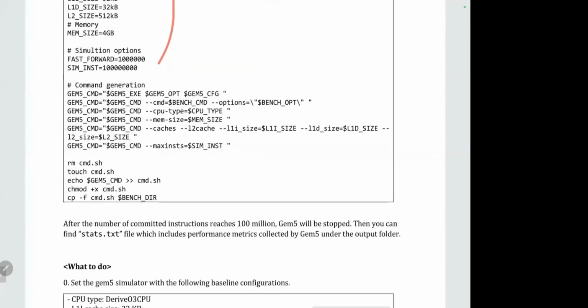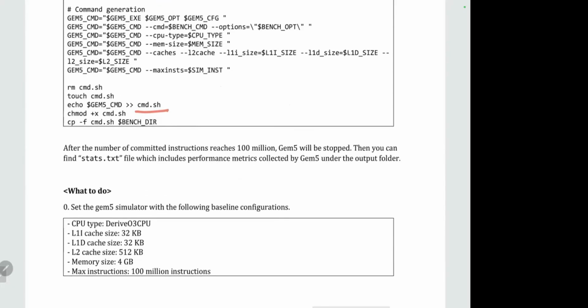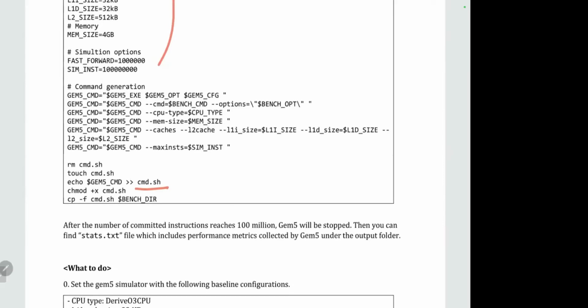Then this script will generate the command.sh, which is also a shell script. If you execute this command.sh under the benchmark directory, then you can run Gem5. To check the result from Gem5, you need to check the stats.txt.